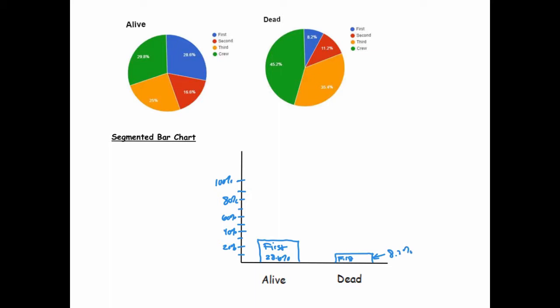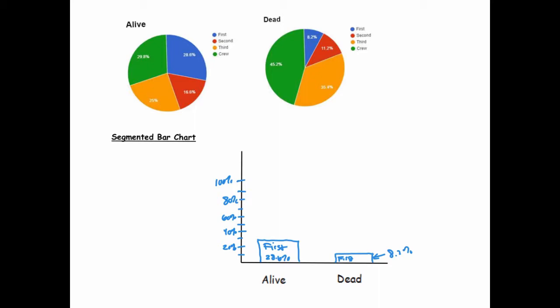Okay. Now let's go to second class passengers. We've got 16.6%. Now, here's where you got to be a little careful, because what you're going to do is add that 16.6% to the 28.6% we already see. So 16.6 plus 28.6 tells us what we're going up to.